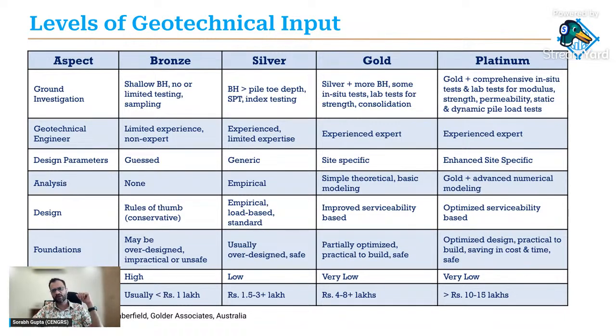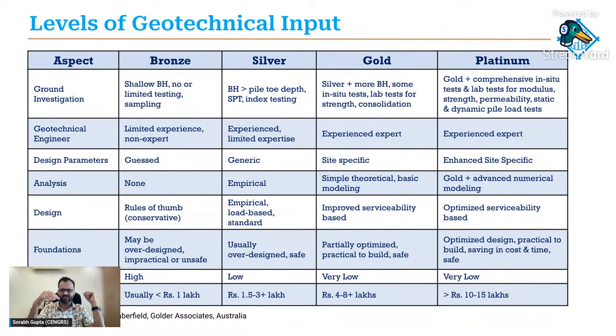On the other end of the spectrum, if you're looking at a tall building, with high loads, possibly in an area where you have ground conditions which are not very competent, we may want to go with several stages of investigation. We may have to go with some level of site-specific or in-situ investigations, some advanced lab testing, some advanced analysis.